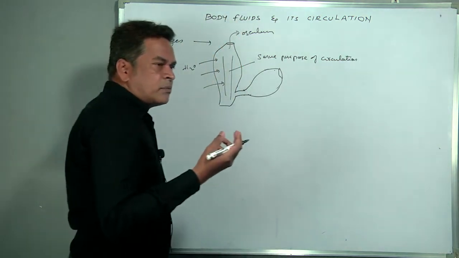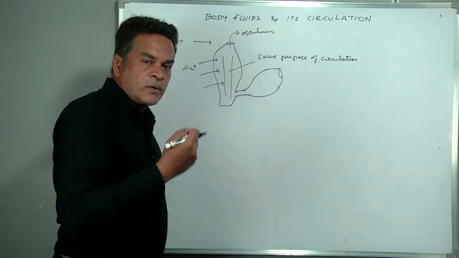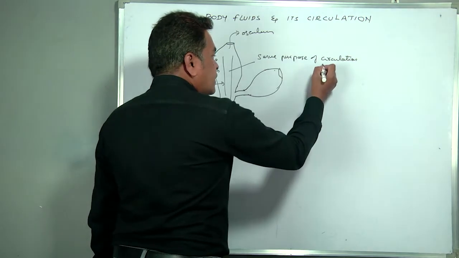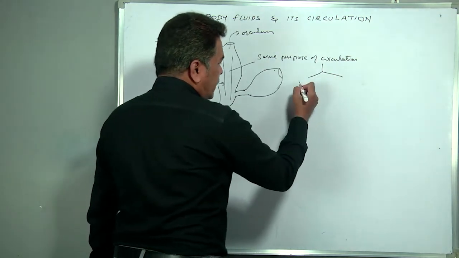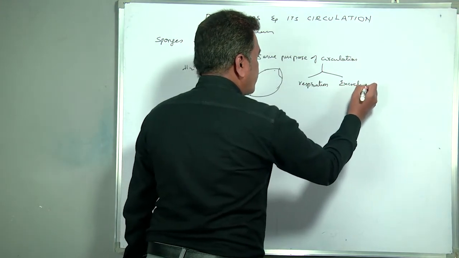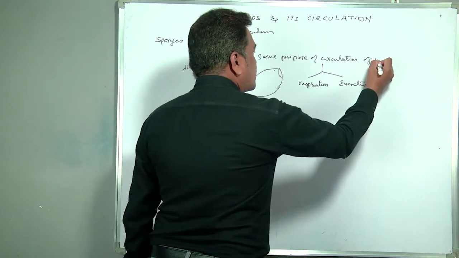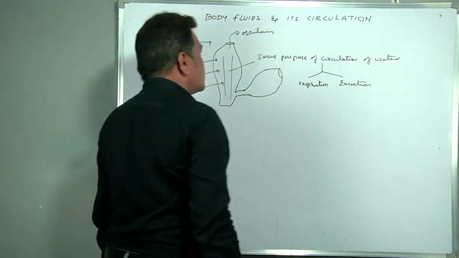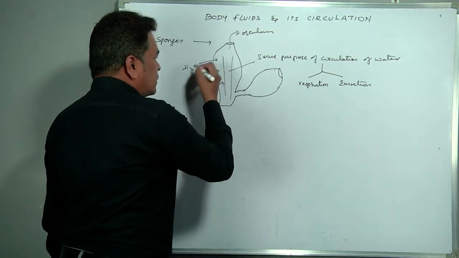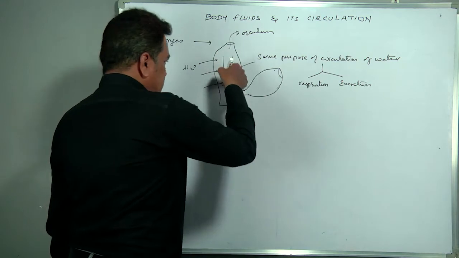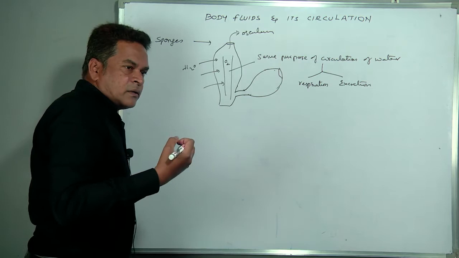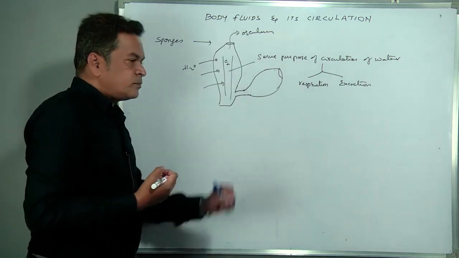Here you don't find any blood or anything like that. Water circulates, so it serves the purpose of circulation. By doing this, it takes care of the respiration process as well as excretion. When water moves inside, oxygen gets dissolved in it.